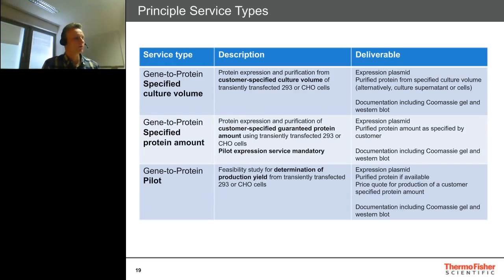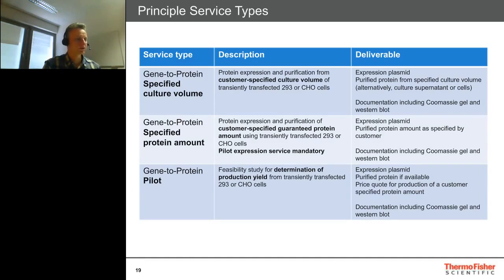Also possible is a service that covers a specified protein amount. That means you specify the protein amount that you want to have, and it will be a guaranteed amount that you will be delivered with, but then a pilot expression needs to be done before, because obviously all proteins are different and we have to find out how much work we need to do to purify your specified protein amount, and for that we need to do a pilot.